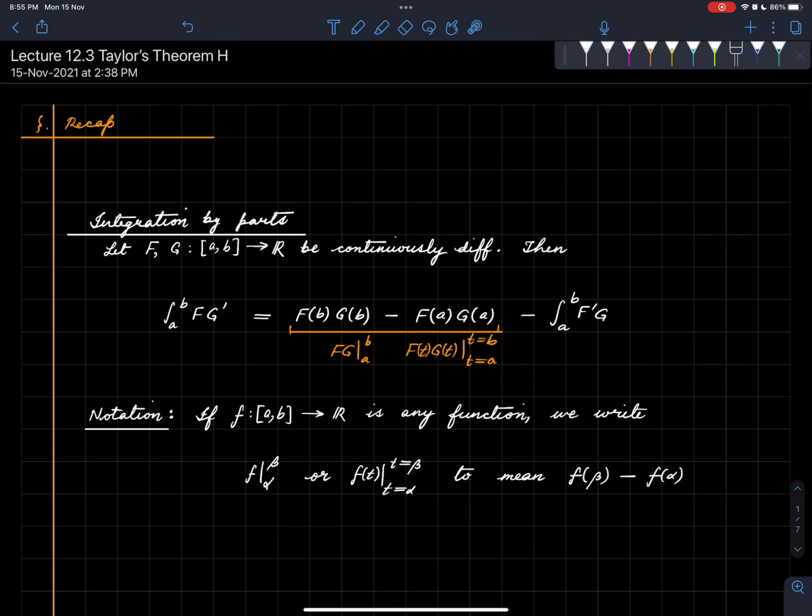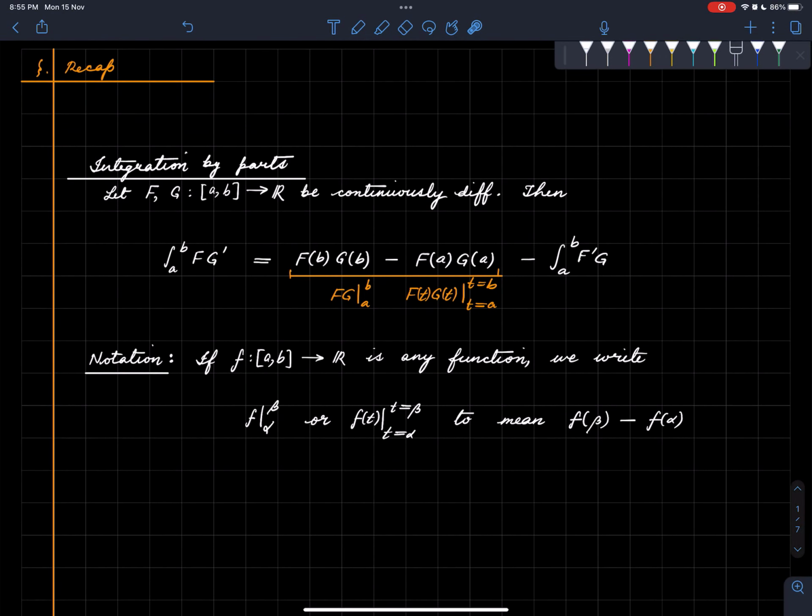So basically we'll need integration by parts. The statement is that suppose we have two continuously differentiable functions, then this funny looking integral can be expressed that way.